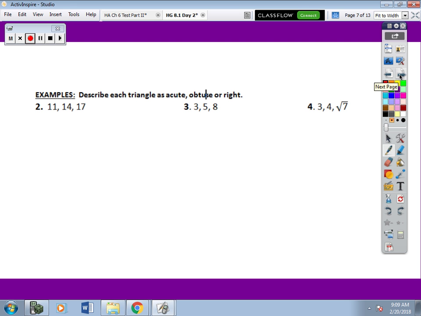So describe each triangle as acute, obtuse, or right. To do this, we're going to compare the value of c squared with a squared plus b squared. Just make sure you realize that sometimes they don't put the numbers in chronological order. Sometimes they'll trick you and put the bigger number first or second and not third. But looking at this, you can see that this is definitely the biggest number, so that's our c.